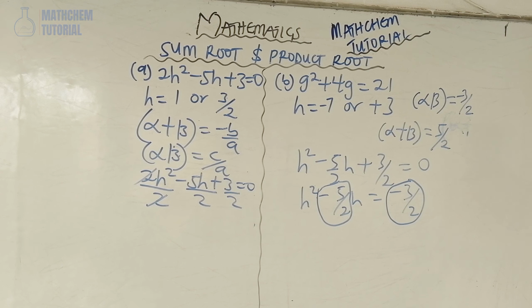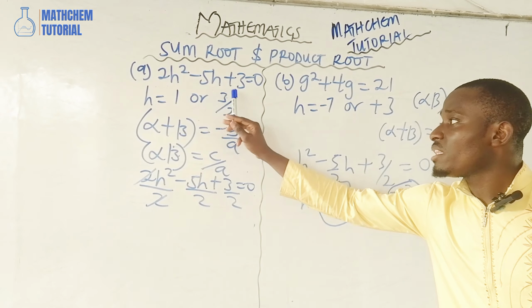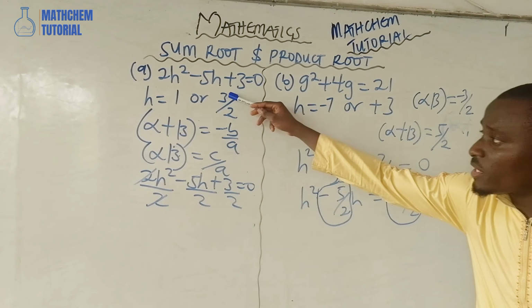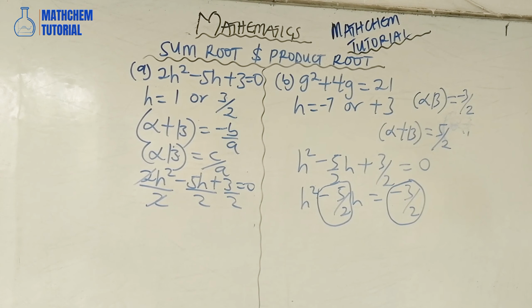That is the multiplication of alpha and beta. So alpha and beta here is 3 over 2, like saying 3 over 2 times 1, which still gives you 3 over 2. If you pick it from here, you are getting 3 over 2, but if you allow it to come to this side, you are getting minus 3 over 2. So basically, that is how to determine the sum and product of the roots.